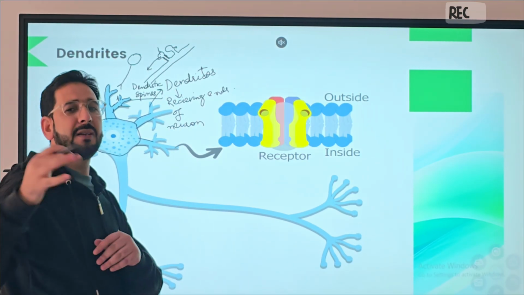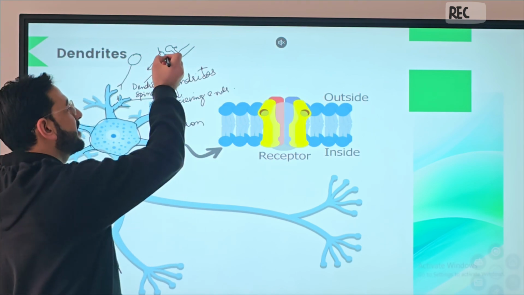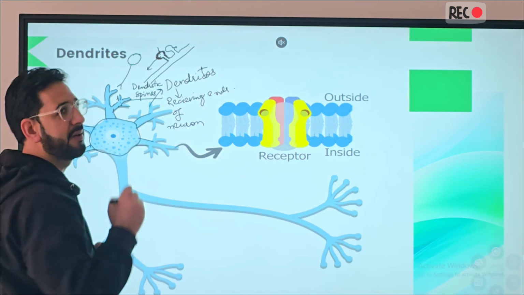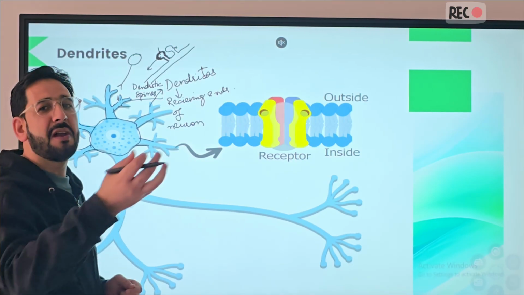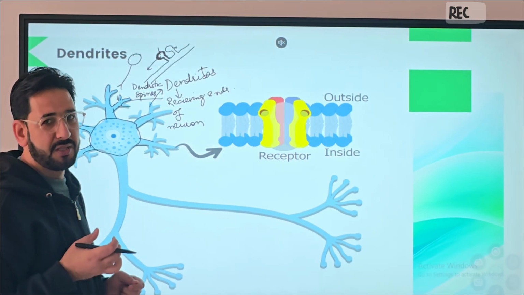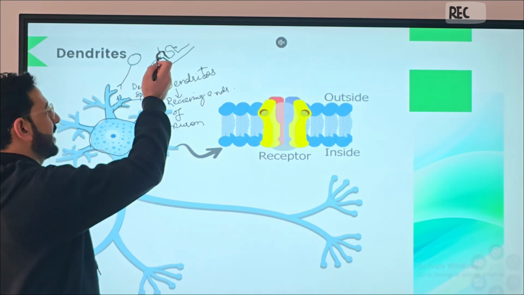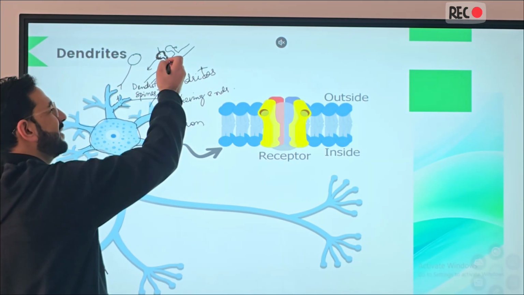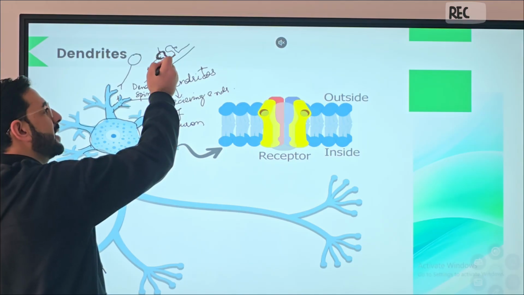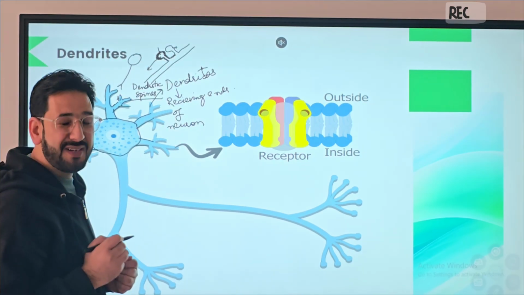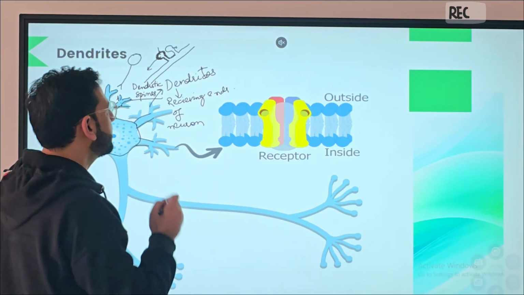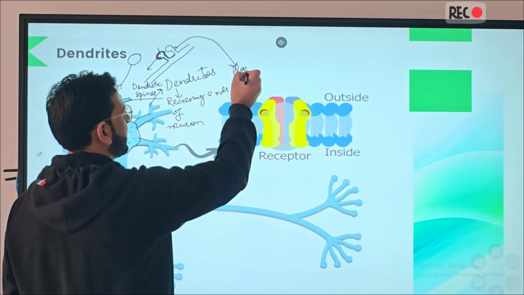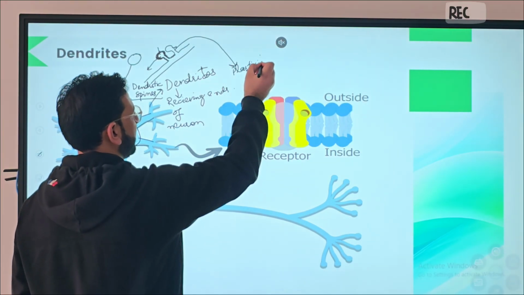And if they increase in number or size, that means the receiving portion is going to increase, containing the different receptors that receive the impulse from other neurons. This process of increasing the number of synapses by increasing the number or size of these dendritic spines is called plasticity.